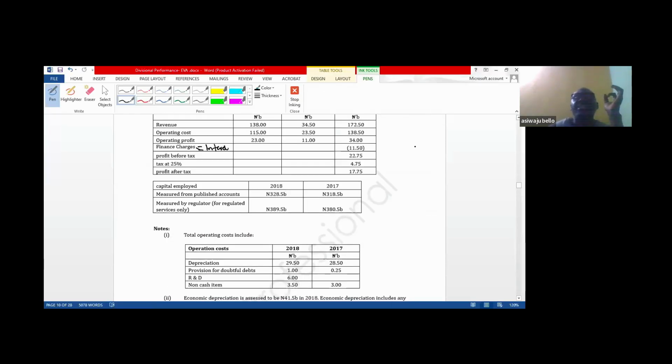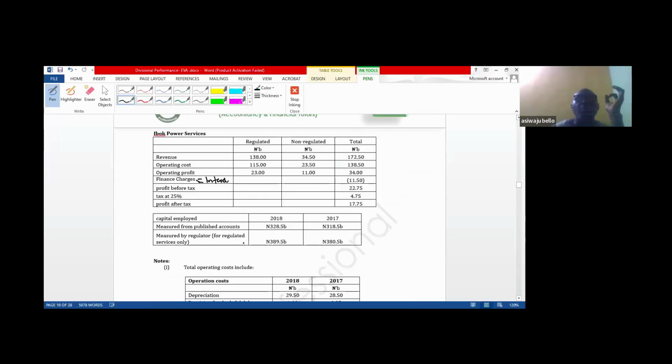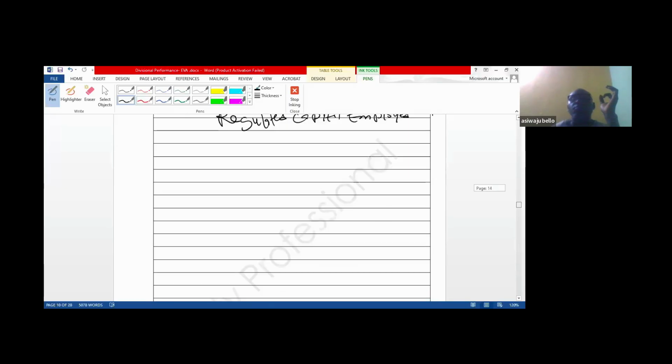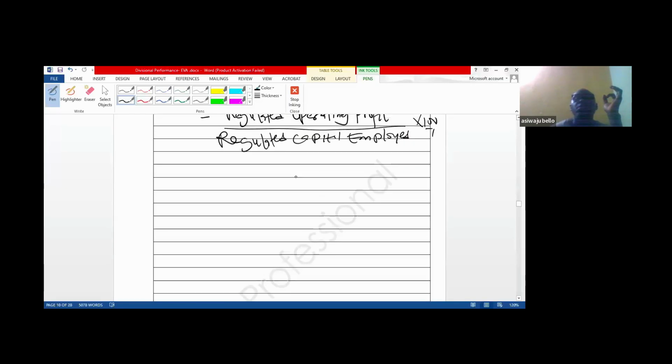Regulated operating profit, 23. Regulated capital employed, 389.5. So, 23 divided by 389.5 multiplied by 100.